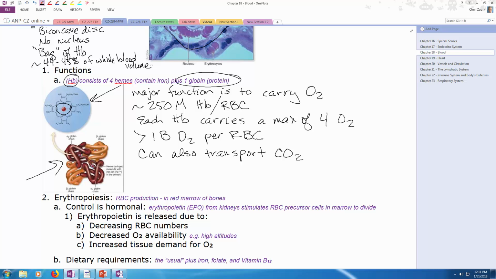And so that's why we actually have, in addition to those 4 hemes, 4 different polypeptide chains. It's not important that you know about alpha chains and beta chains, but that the globin molecule is a really big molecule and that we have those 4 hemes in each of those individual portions of that globin molecule. And that's where oxygen's going to bind. Oxygen's going to bind to that heme there, where carbon dioxide will not bind to that site.